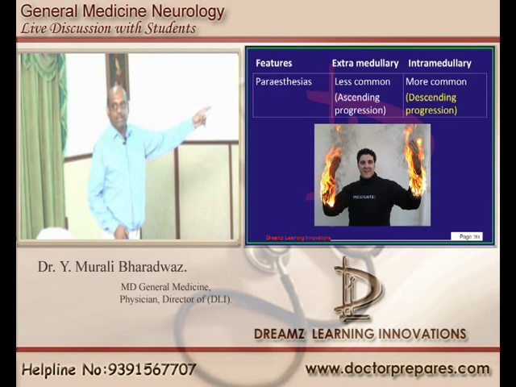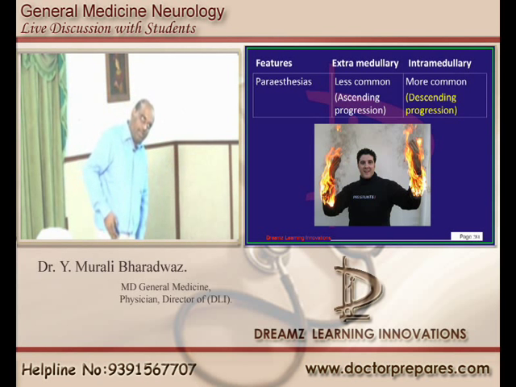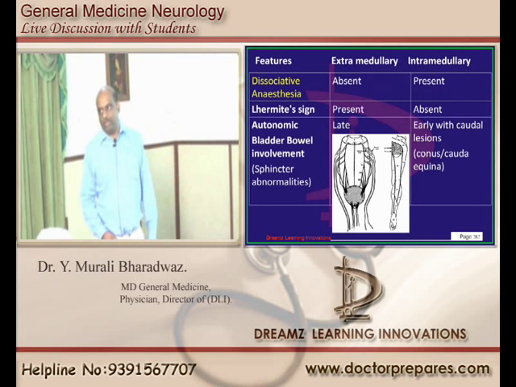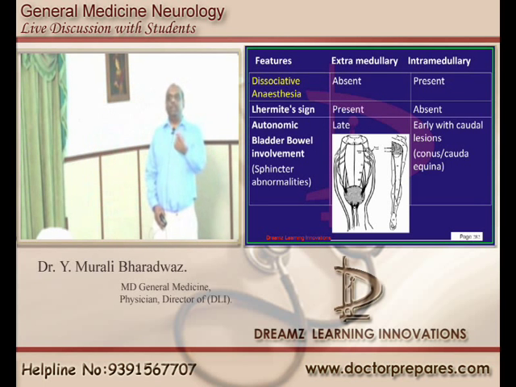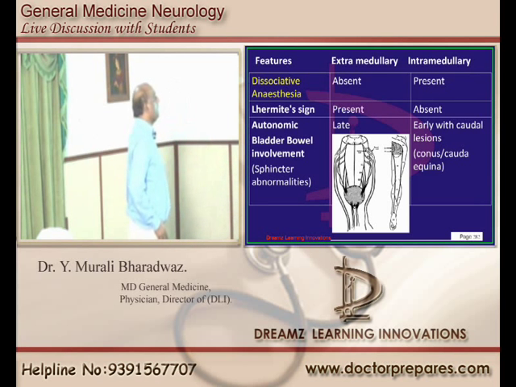That's the reason first paresthesias, burning sensation will be there in the upper limb, then trunk, and lastly it will come down. Whereas in the case of extramedullary, it is less common. Even if it is there, it is of ascending progression. You agree with me? Now dissociative anesthesia is intramedullary, because the central canal expands, so it will affect the spinothalamic tract.